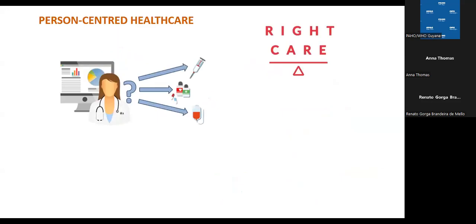So after assessing the patient not only for disease severity, but for vulnerability status and function and abilities and social support networks, I'll be able to choose the best treatment for my patient. Of course, always based on scientific evidence.